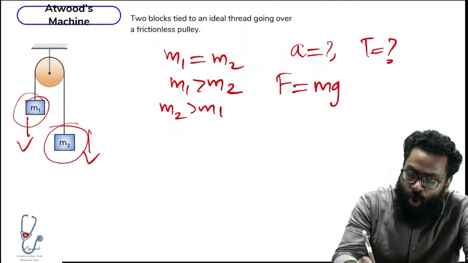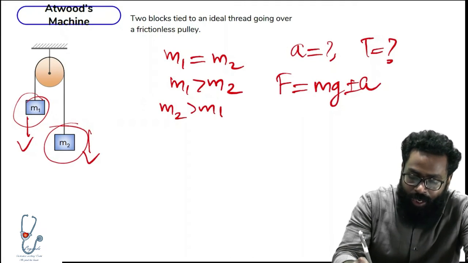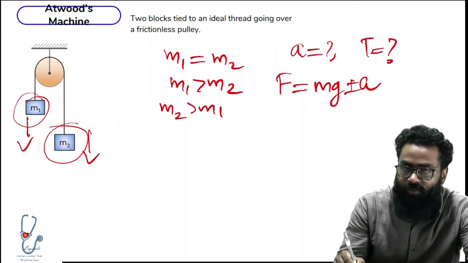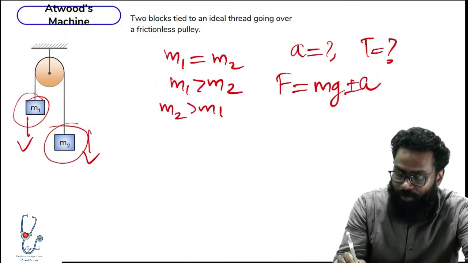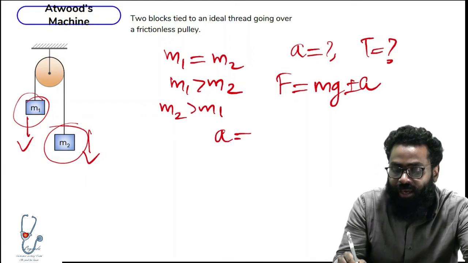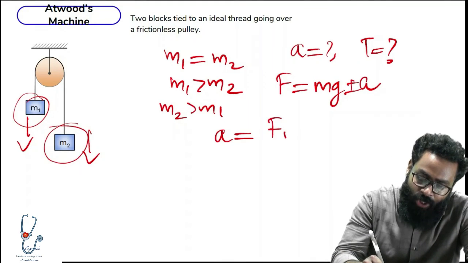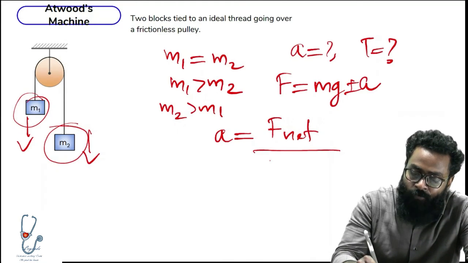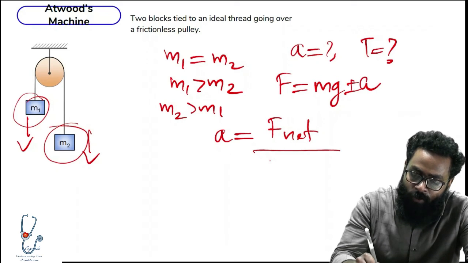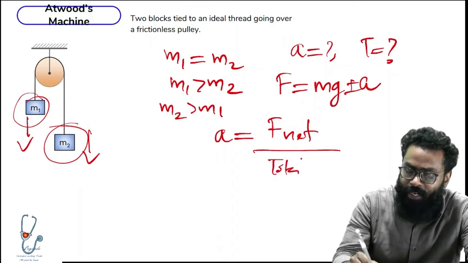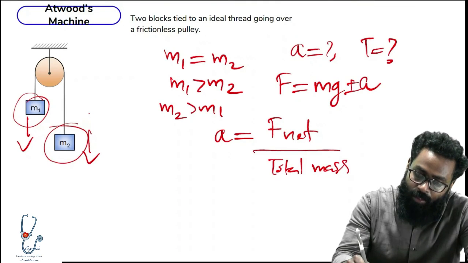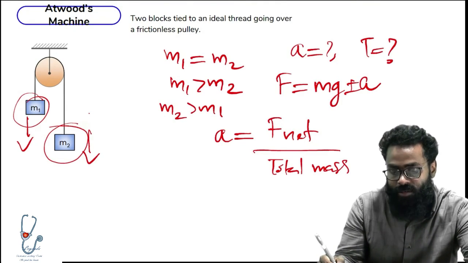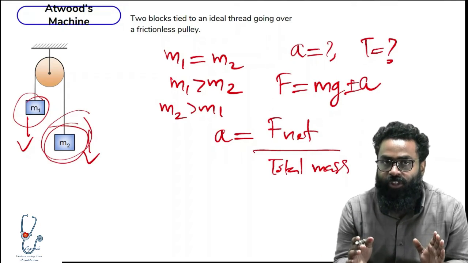So how do we find the acceleration? We have F equals mg plus or minus a, which we already learned. Clear? Then a is equal to the net force acting on it divided by the total mass, which is m1 plus m2.